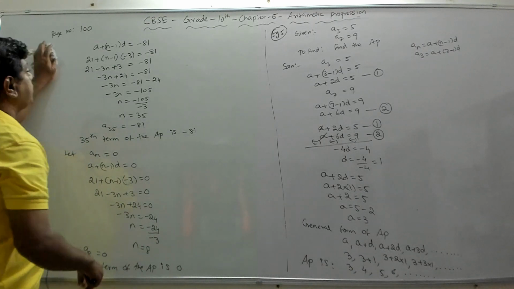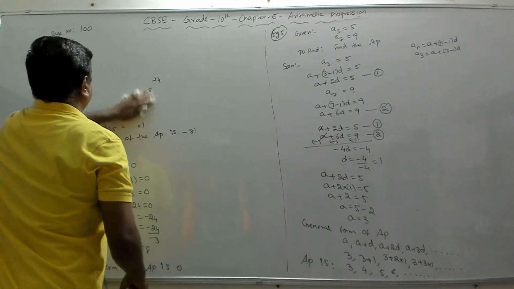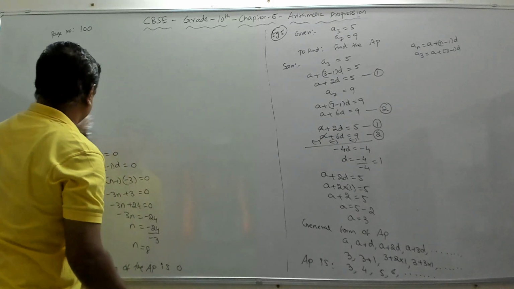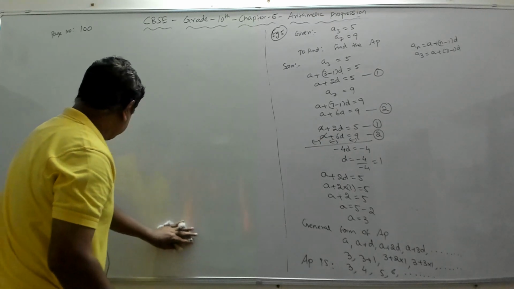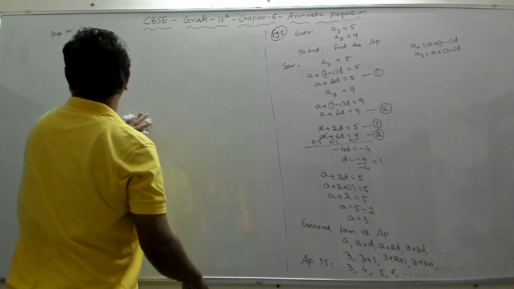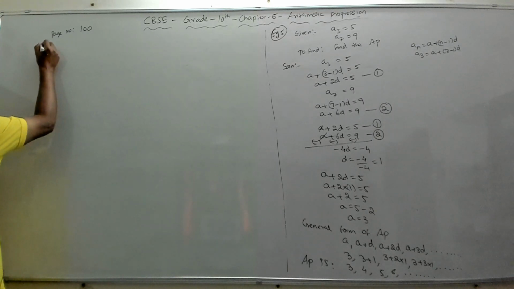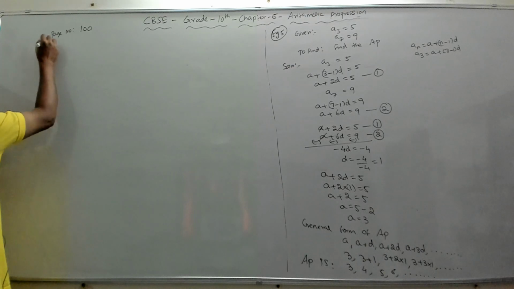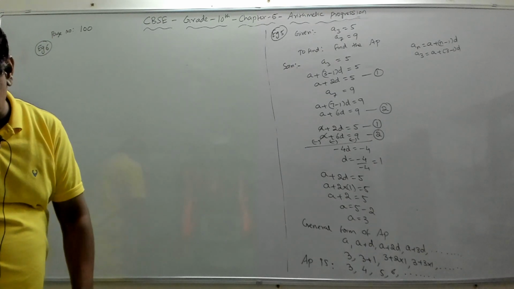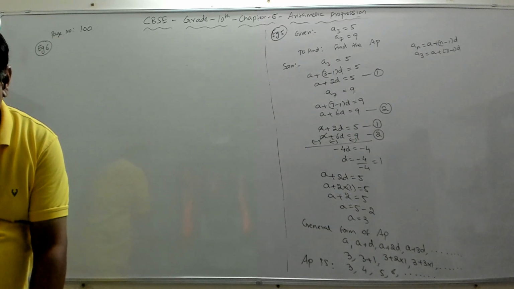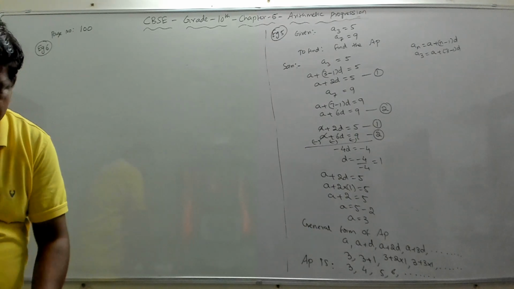Example 6. Let me write here. So what is example 6? They said check whether 301 is a term of the list of numbers.